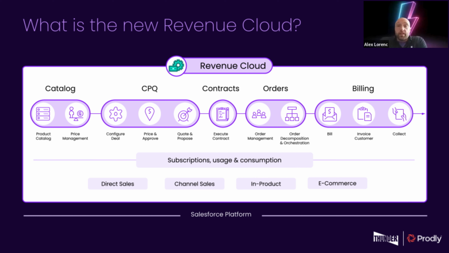Revenue Cloud Advanced, RCA, is the new on-core, or basically fully on-platform, lead-to-cash solution for Salesforce. It's been out for a while now, but is rapidly getting updates and more new functionality all the time.